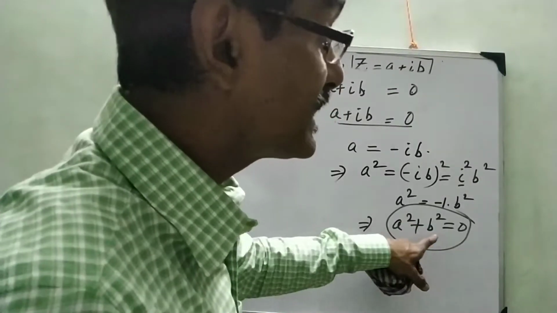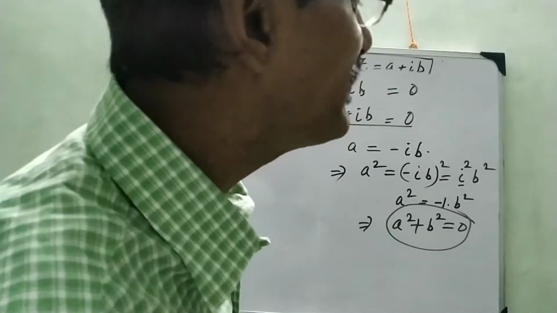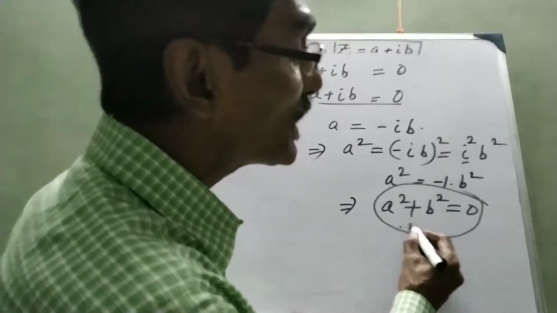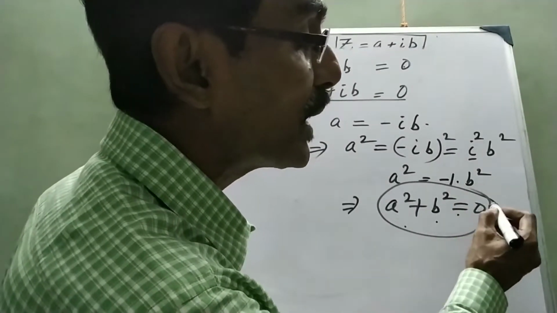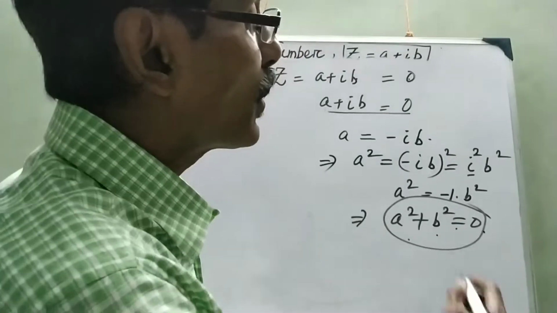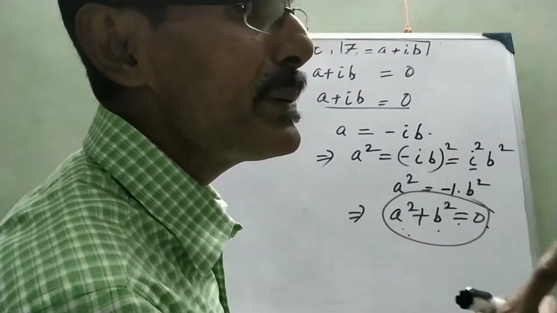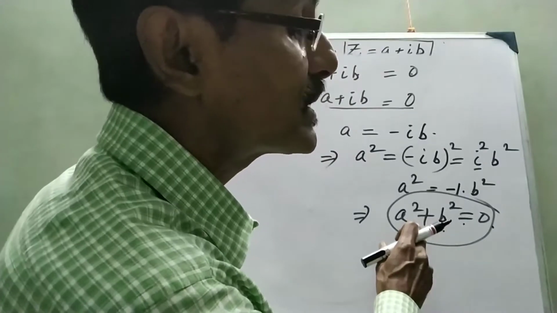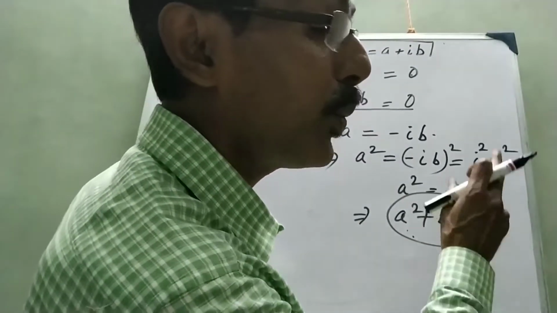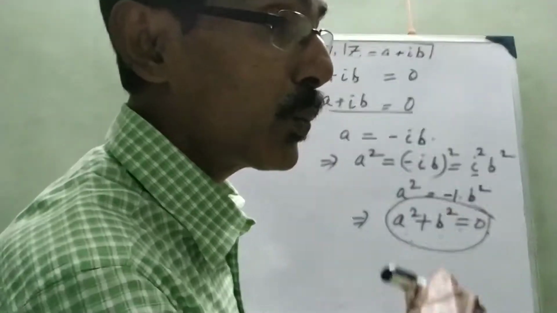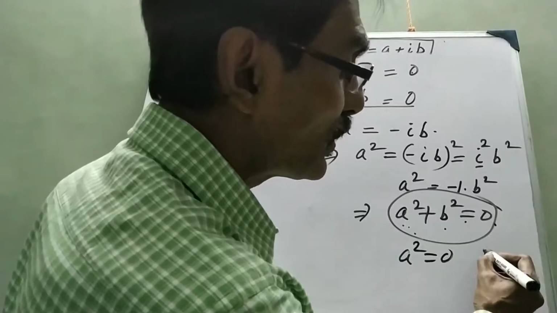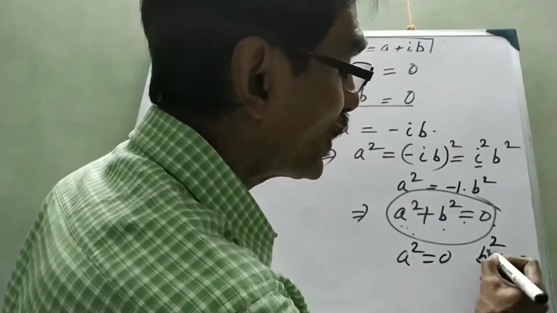I think you have got this result previously for real numbers: the sum of the squares of two real numbers is 0. When is it possible? When they are individually 0. I repeat, the sum of the squares of two real numbers will be equal to 0 only when each one is 0, that is a square equals 0 and also b square equals 0.